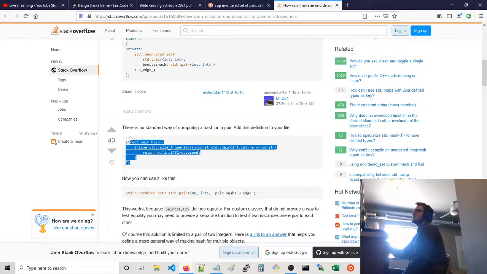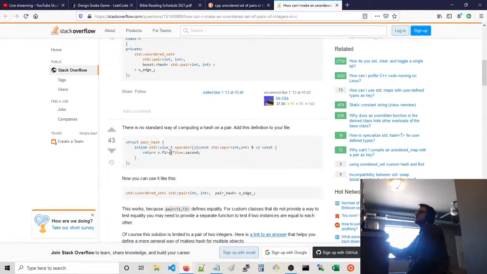Couldn't you run into issues where, let's say these are multiples of 31, you could end up with two things that are equal to each other, the hash. If you do, I guess you gotta define your own hash operator.